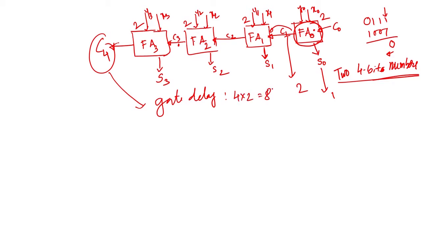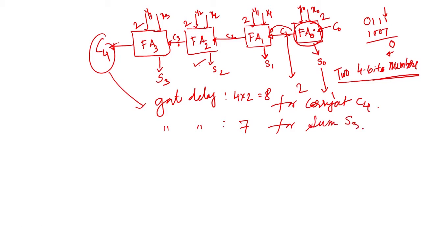So, 8 for carry out C 4. Then what will be the sum? Sum will be up to this one, gate delay 1, 2, 3, 6, plus here 1, 7. So, the gate delay for sum S 3 is 7. This is one simple analysis.